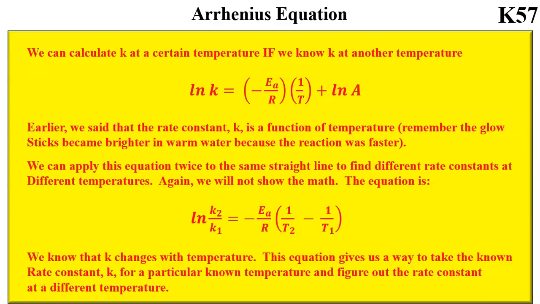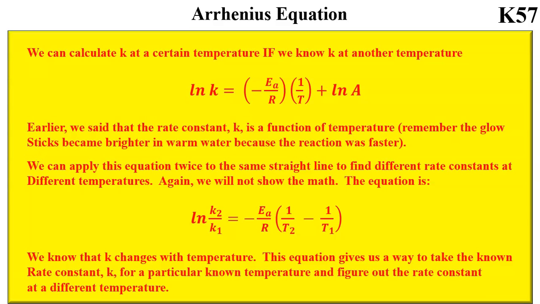Again, you don't need to understand the math of how you get here, but just understand if you took this equation up on the top for a value of temperature and a value of K, and then you wanted to figure out the value of K at a second temperature, you can use the equation down below. So it's the natural log of rate constant 2 over rate constant 1 equals negative activation energy over R times the quantity 1 over the temperature of reaction 2 minus 1 over the temperature of reaction 1.